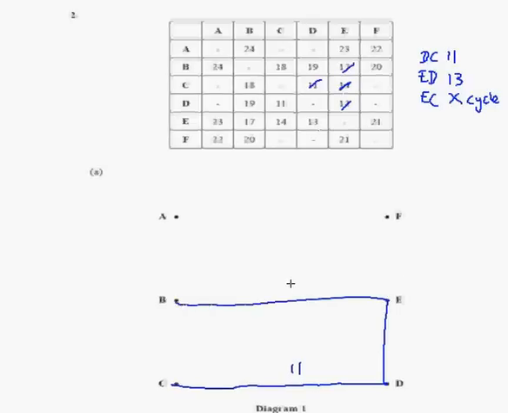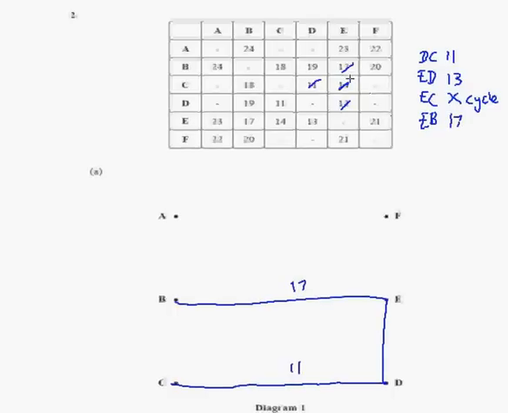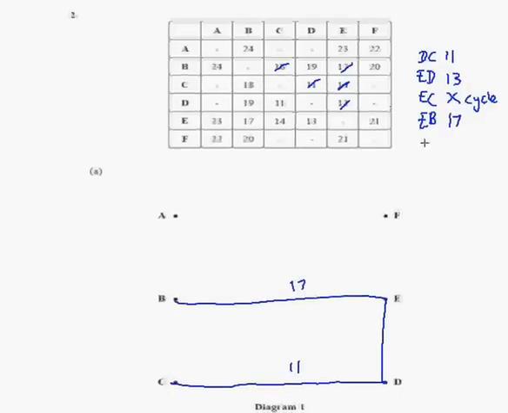EB 17. Then we've got CB 18. Yep, that seems to be the next biggest one. C to B would give us a cycle. So CB we will reject because it gives us a cycle.